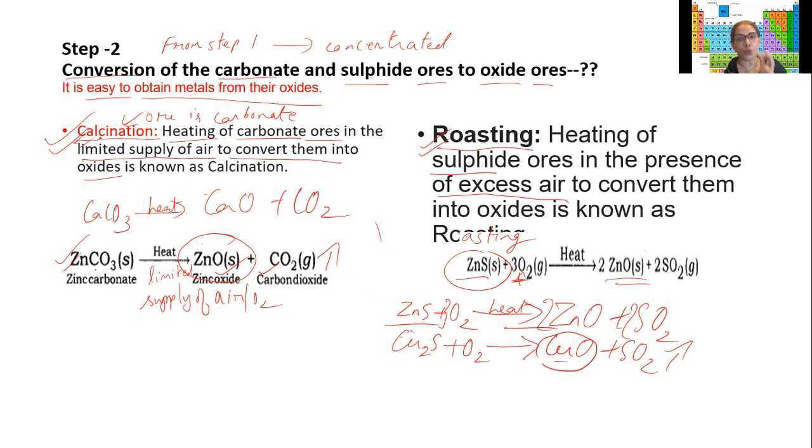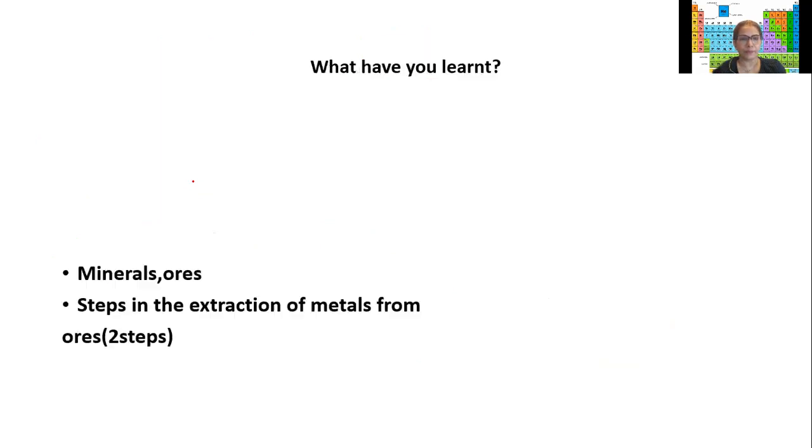Calcination is when the carbonate ore is heated in limited supply of air to form the corresponding oxide ore. Then roasting is heating of the sulfide ore in excess of oxygen to form the corresponding oxide. So you can remember at least 2 examples.